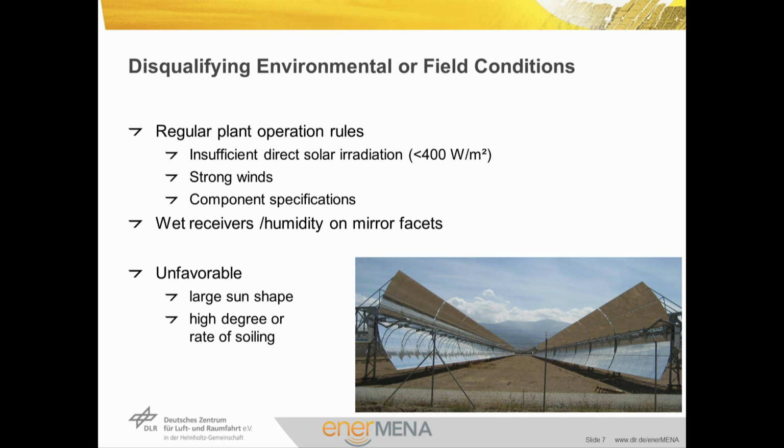Large sun shapes are unfavorable for performance testing because the acceptance angle of a utility-sized parabolic trough collector is usually smaller than that of a regular field pyrheliometer. Thus, in case of large sun shapes, a pyrheliometer may detect irradiance that cannot be concentrated or used by the system.